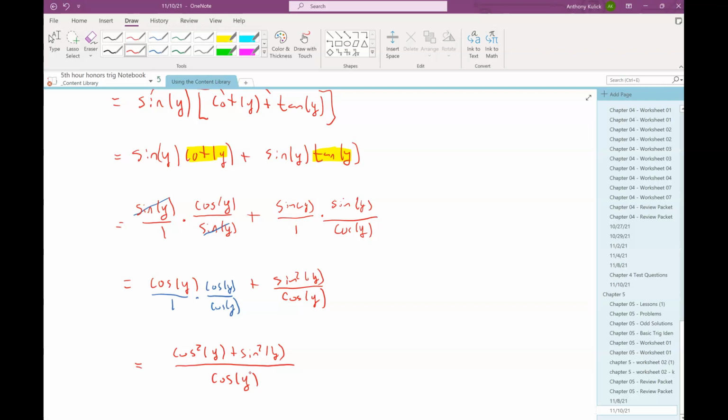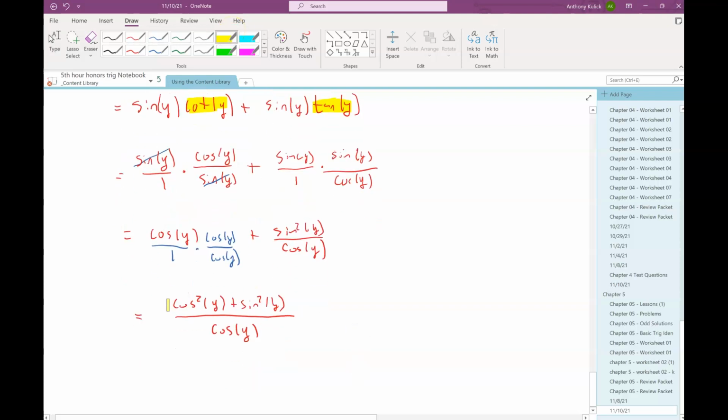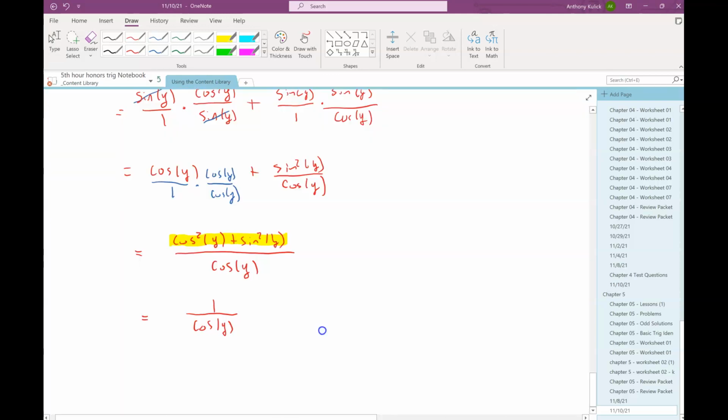What do you guys see there? It should be flashing at us pretty brightly. Yeah, that first Pythagorean identity: sine squared plus cosine squared is 1. Yes.